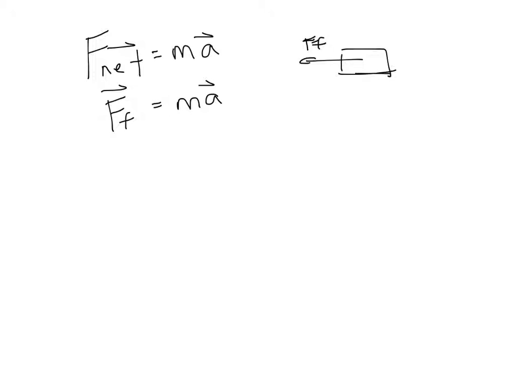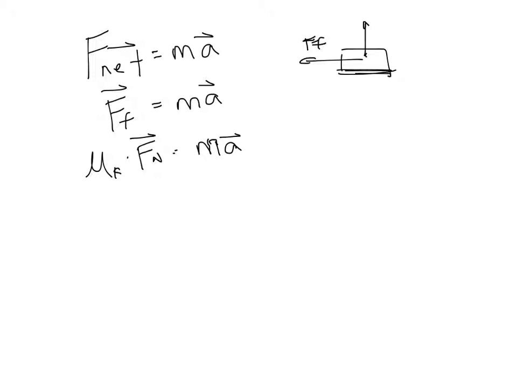It's dependent on two things: the coefficient of friction, in this case kinetic friction because it's sliding, and the normal force, which is to say how much the surface is pushing up into the object, because that's going to increase the amount of friction. So mu Fn must be equal to ma.